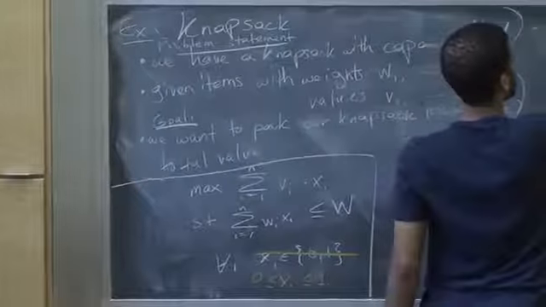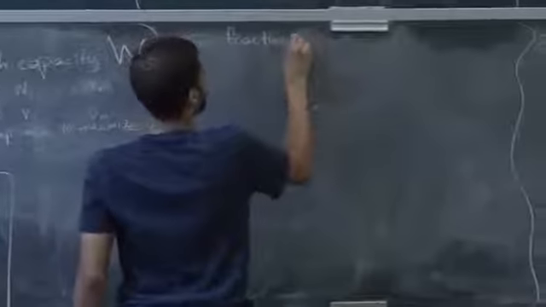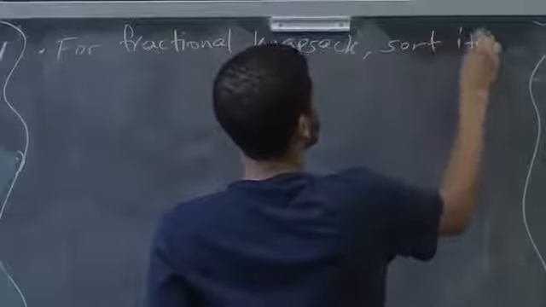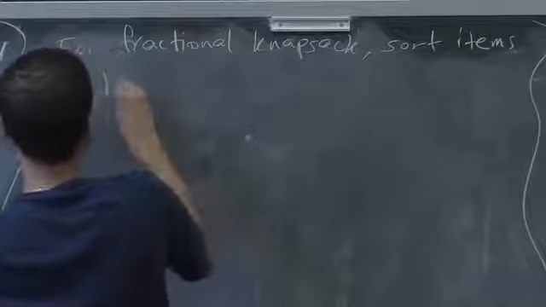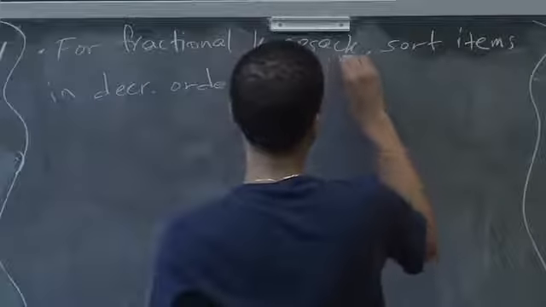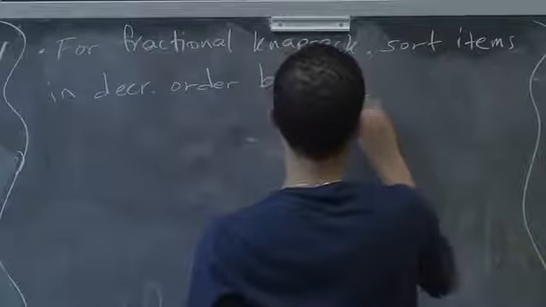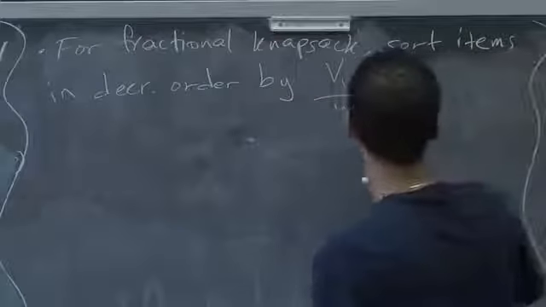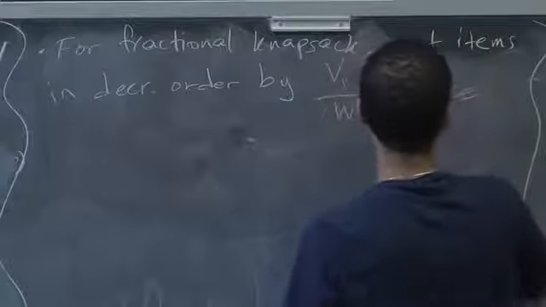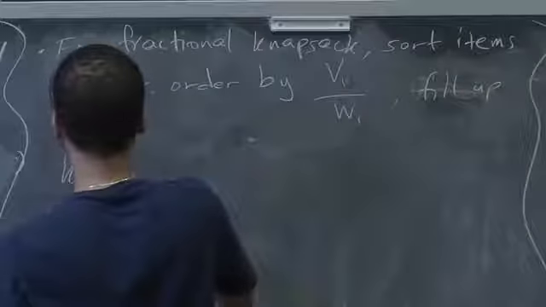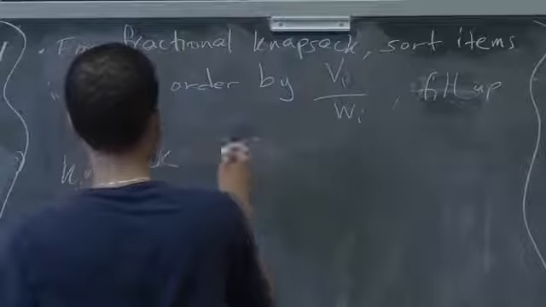Yeah, so for fractional knapsack, sort items in decreasing order by v_i over w_i, which gives you the most bang for your buck, the most value per pound, and fill up the knapsack in this order.